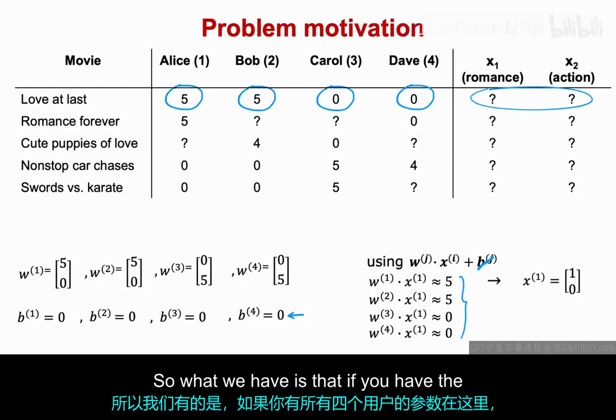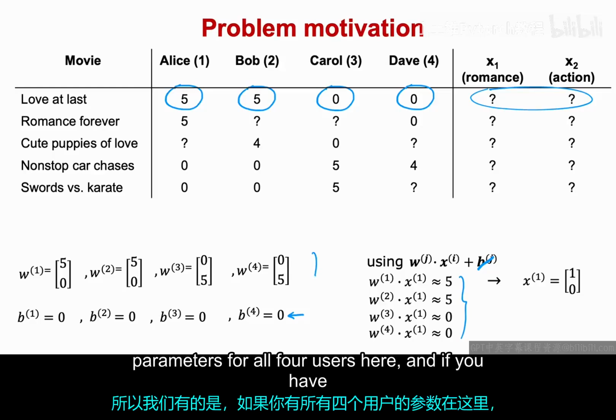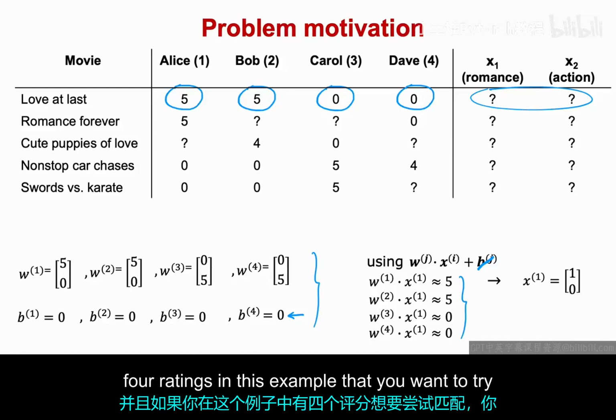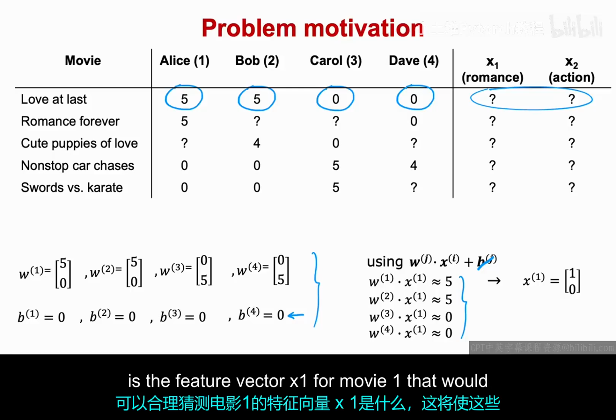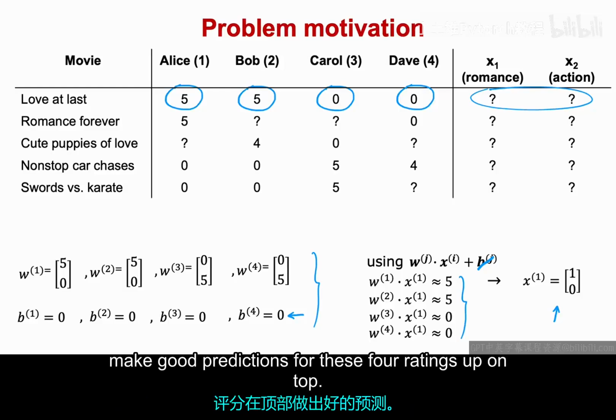So what we have is that if you have the parameters for all four users here, and if you have four ratings in this example that you want to try to match, you can take a reasonable guess at what is the feature vector X1 for movie 1 that would make good predictions for these four ratings up on top.